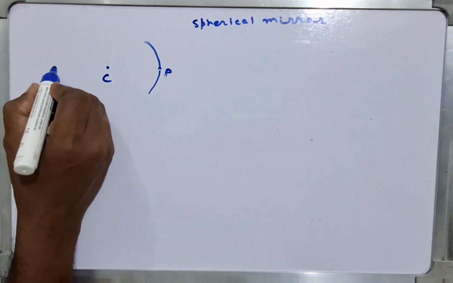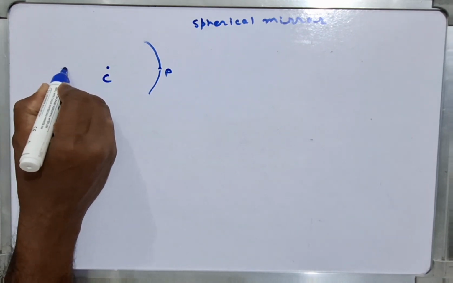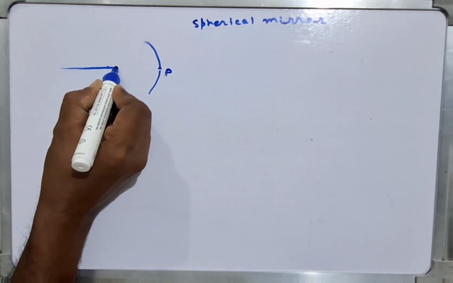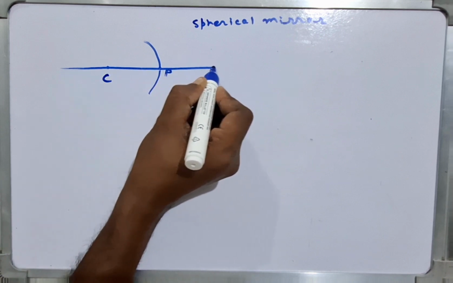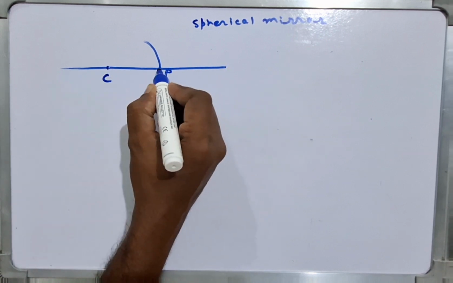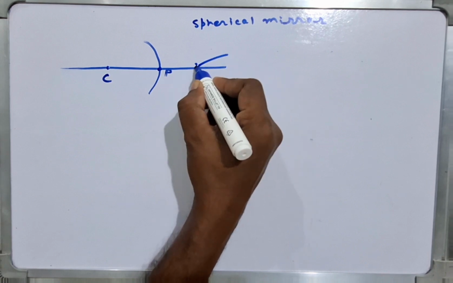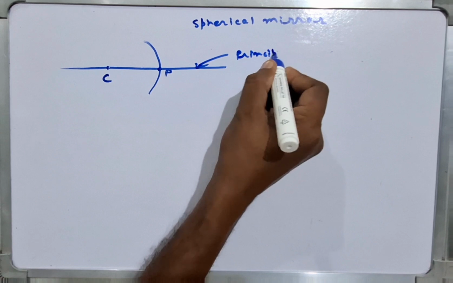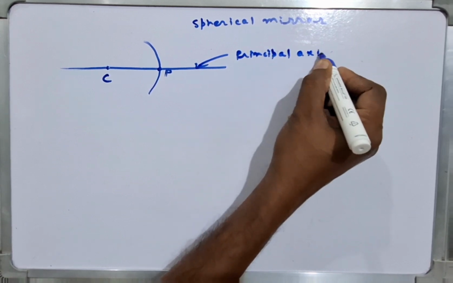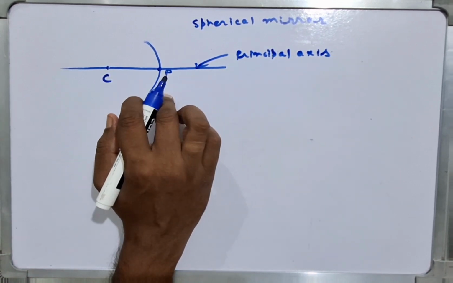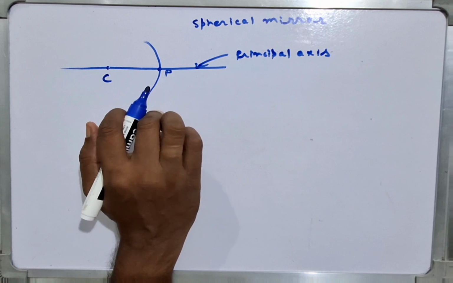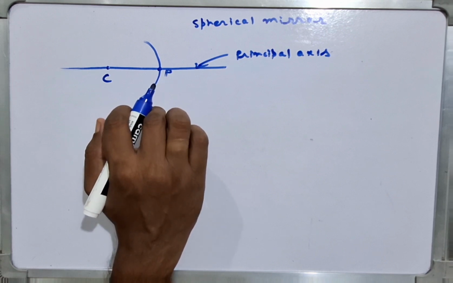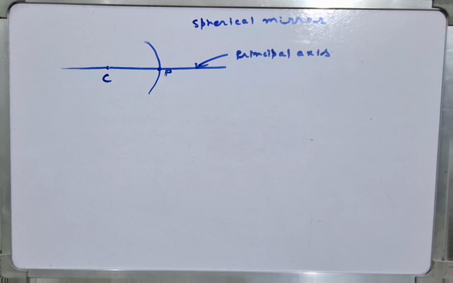Now, guys, a straight line passing between the two points C and P, which are the center of curvature and the pole, is known as the principal axis, and this axis divides the spherical mirror into equal parts. A spherical mirror is symmetrical about the principal axis.